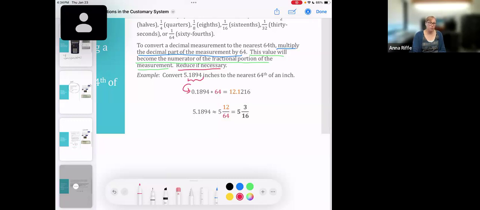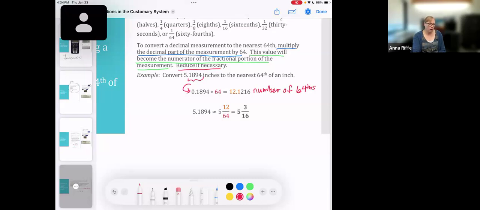0.189 times 64 is 12.1216. What this tells me is the number of 64ths of an inch represented by 0.189.